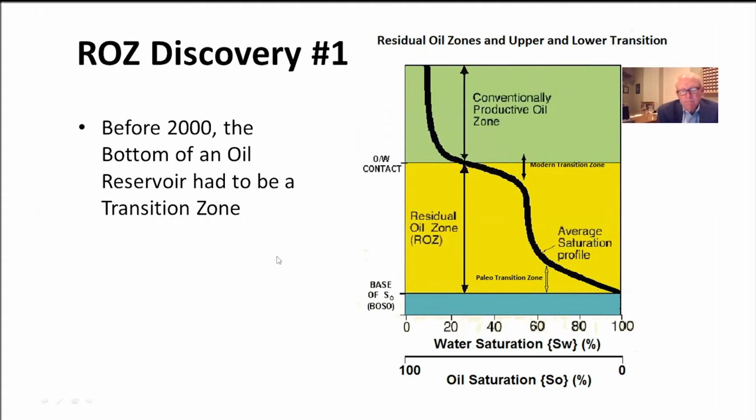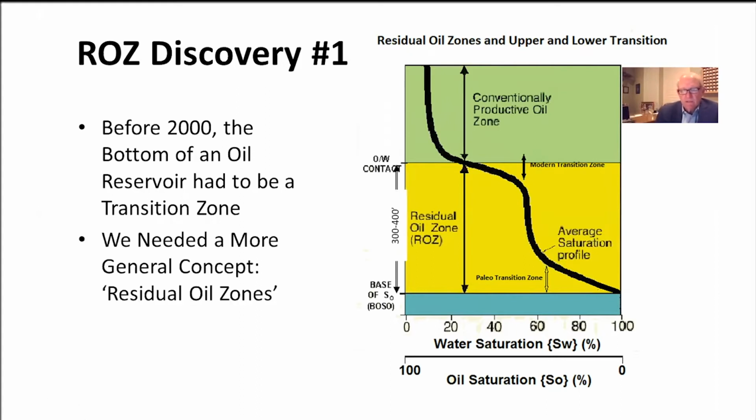But before the year 2000, we would call this oil reservoir profile transition zone, even though it really did stretch our imagination to do that. This one particularly was 300 to 400 feet thick, depending on where you were in the field, and so quite a challenge to our concept of transition zones.